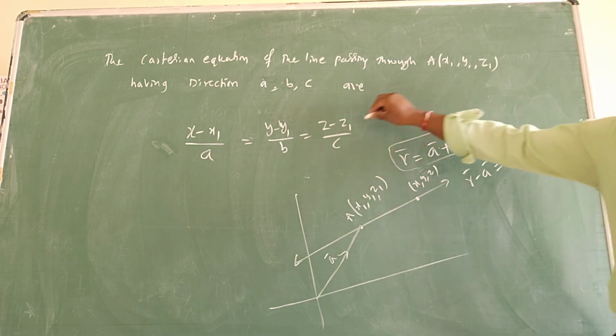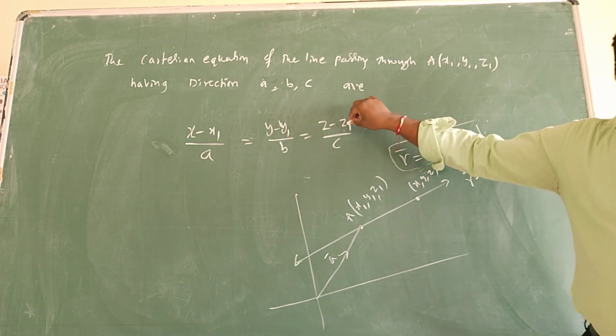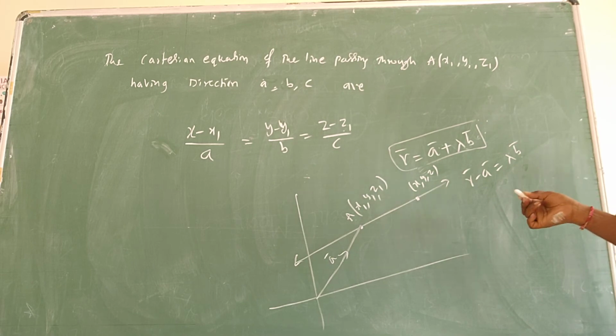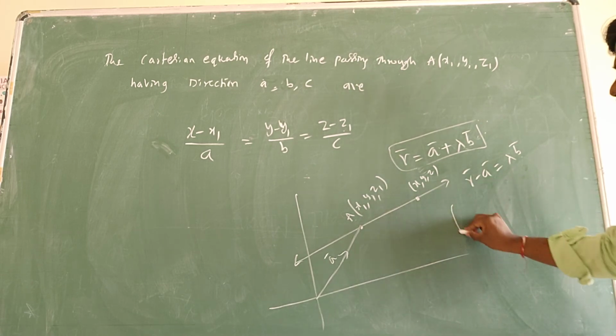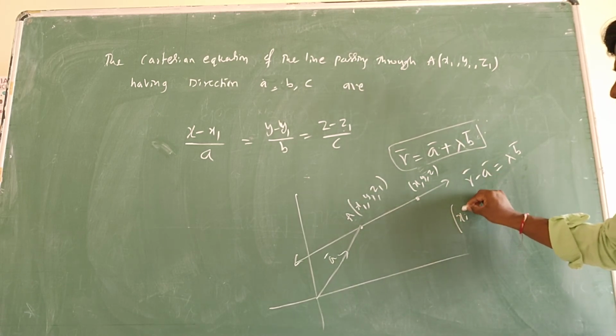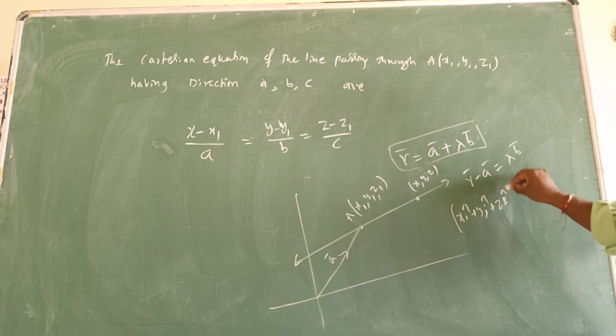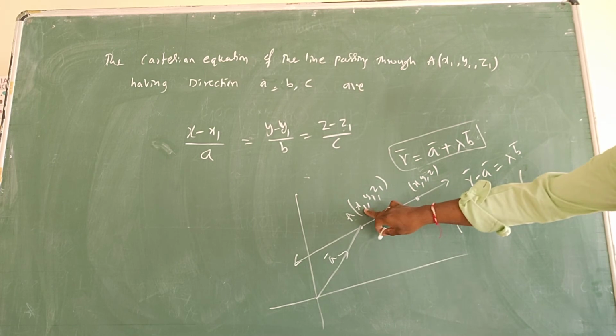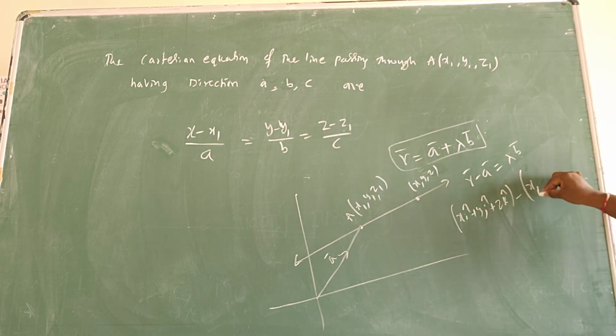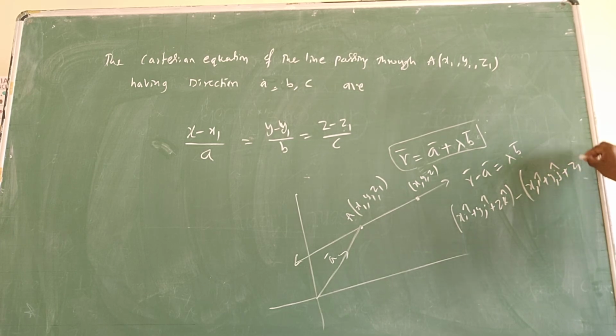The Cartesian form comes from the vector equation; both are the same. Simply, in place of the R vector we write x i cap plus y j cap plus z k cap, and in place of A we write x1 i cap plus y1 j cap plus z1 k cap.